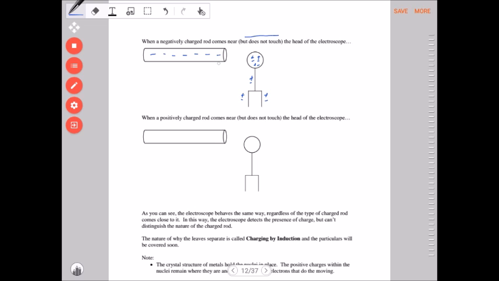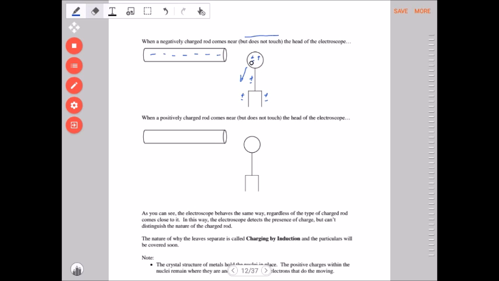So when you bring this negatively charged rod close, what's it going to do to all the electrons in the electroscope? Well, remember, electrons are going to get as far away from each other as they possibly can. So the electrons on the rod are going to push the electrons in the electroscope's head down. I'll just erase this for a sec.